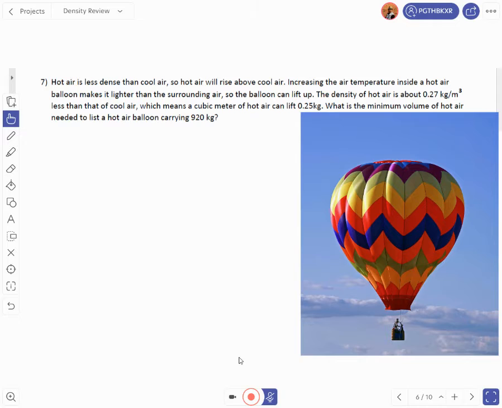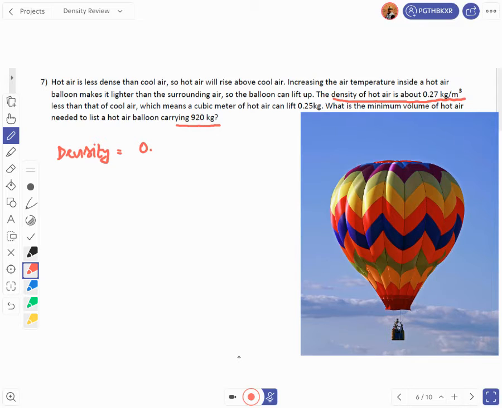Right. So here, let's again take the important information. The density is given, and mass is also given. The question is, what is the volume of the air needed? Again, I'm repeating, the density of hot air is given as 0.27 kilograms per cubic meter.